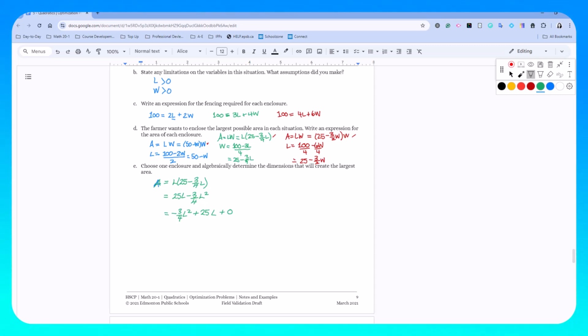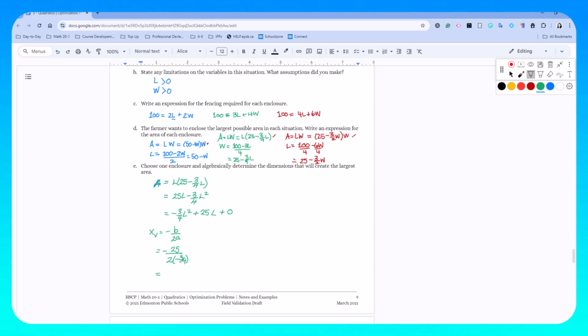So we can actually algebraically determine the maximum value, because to find the vertex, remember we have that lovely little formula here, where A is the coefficient of the L squared and B is the coefficient of the L. So we're going to go ahead and fill that in. We're going to go negative 25 over 2 times negative 3 over 4.